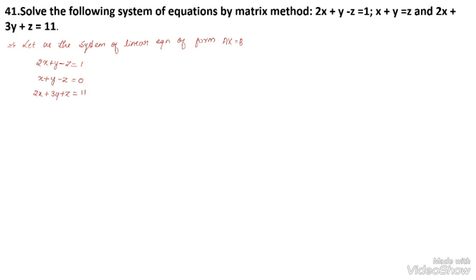Now, let us consider the system of linear equations of the form Ax equals b. Here from these equations, I can write the matrix A containing the values 2, 1, minus 1, 1, 1, minus 1, 2, 3 and plus 1. Then b is equal to 1, 0, 11. Then x is equal to x, y, z.